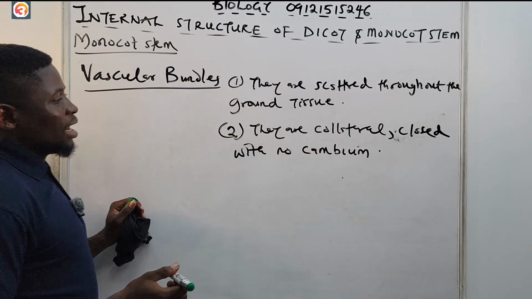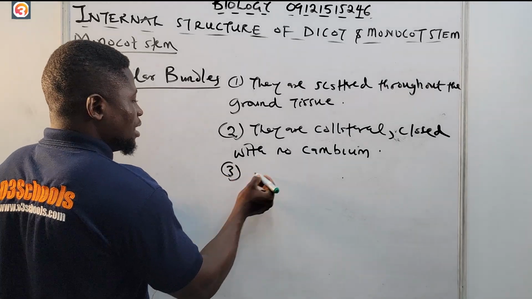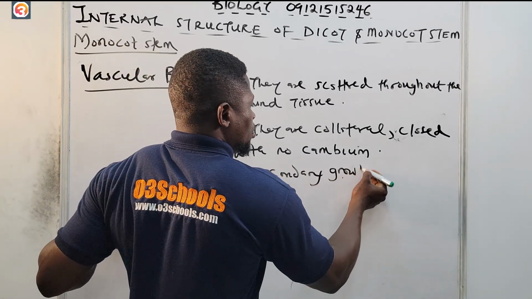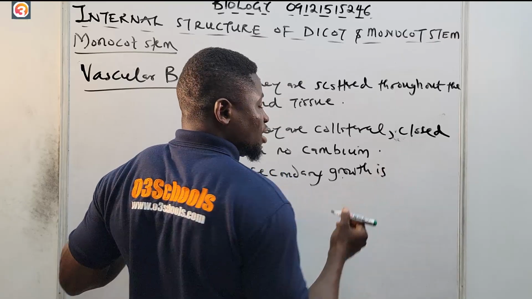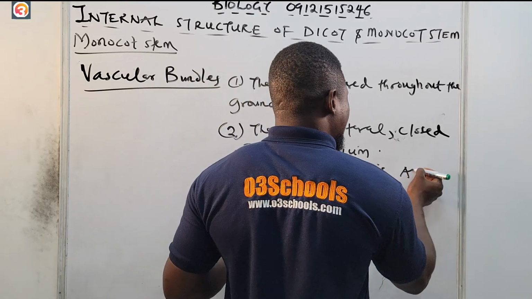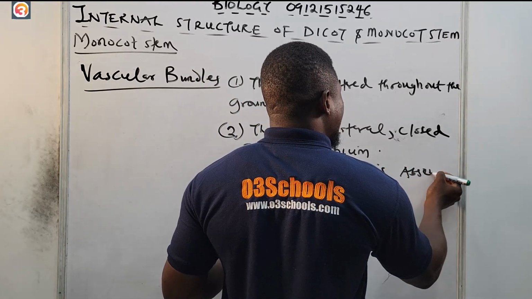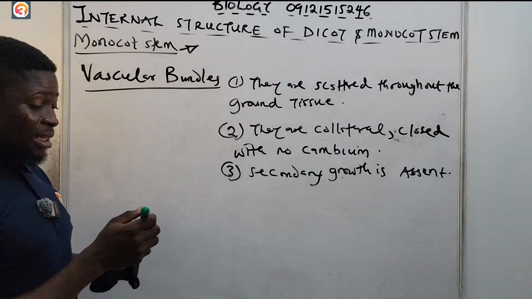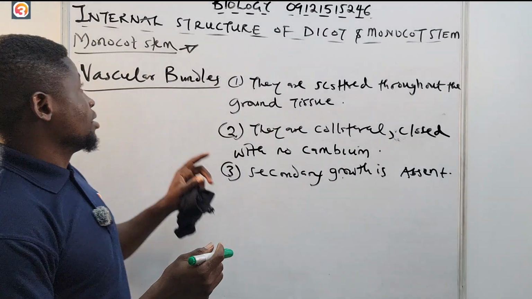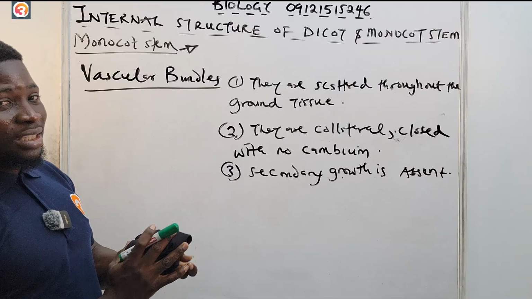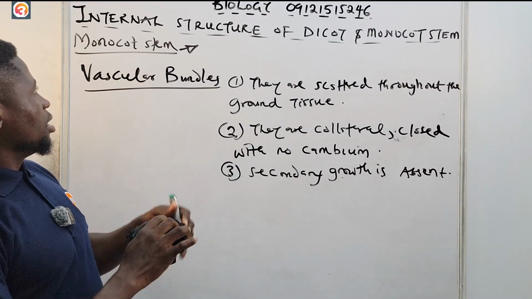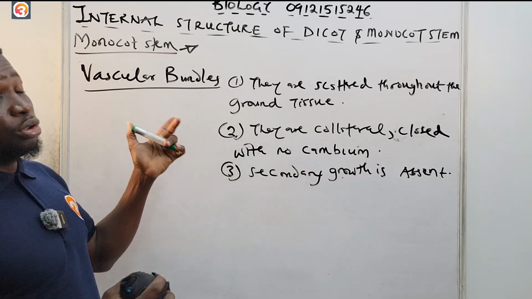Because of this, secondary growth is absent in a monocot stem, but present in a dicot stem. So these are the parts of the internal structure of a monocot stem.